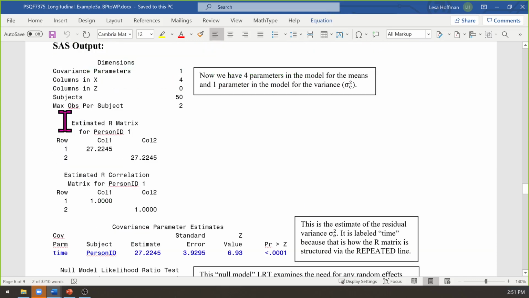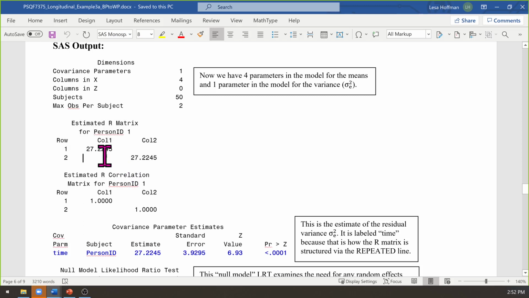So now my R matrix, what used to be 40 is down to 27. So yes, we have explained variability in this outcome. We've explained it by a fixed effect of time, group, and their interaction. So that has accounted for some of the reasons why people are different from each other and occasions are different from each other. 27 is what's left.